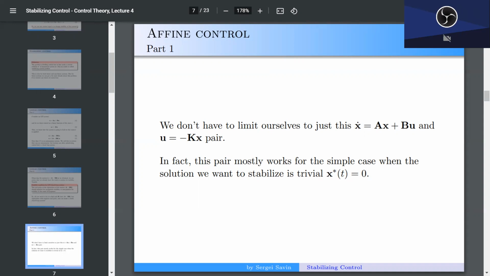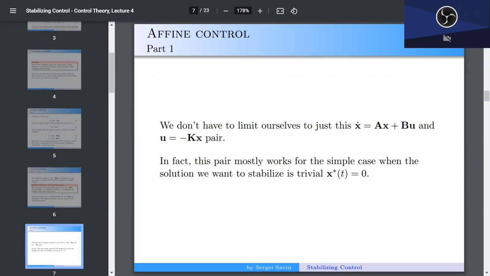That is the only stable solution it can have, right? Of course, it can have a lot of other solutions, but they're not going to be stable. So it can have only one node, that is x equal to 0. This system, the autonomous system x dot equal to Ax.